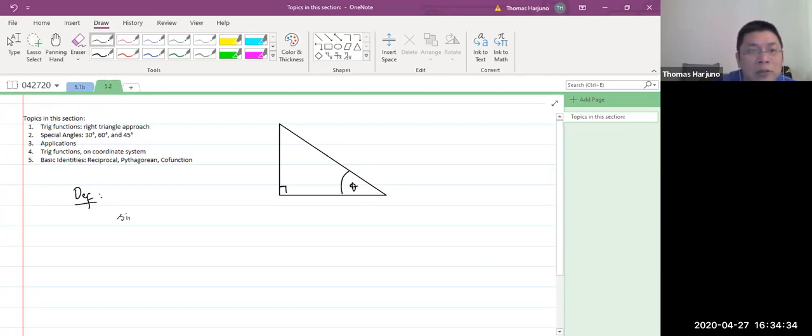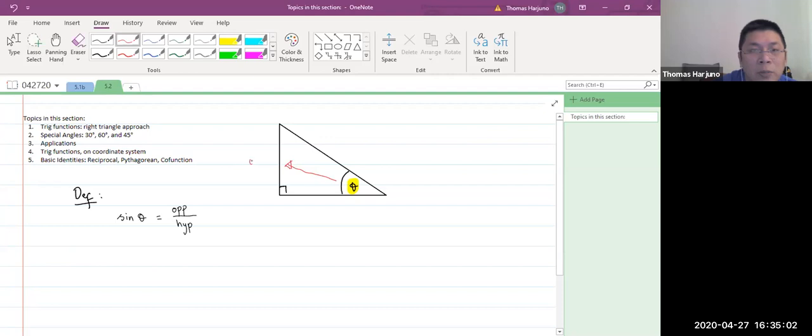Sine of theta is defined to be the opposite over hypotenuse. So if this is angle theta here, then the opposite will be this side.